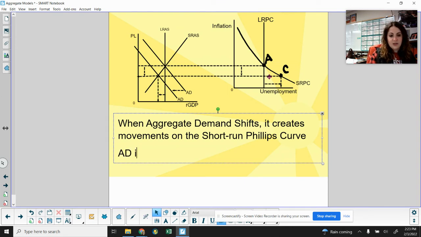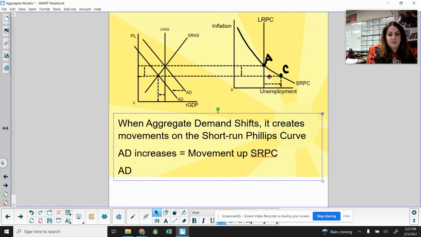When aggregate demand increases, it's going to be a movement up the short run Phillips curve. And when aggregate demand decreases, it's going to be a movement down on the short run Phillips curve.